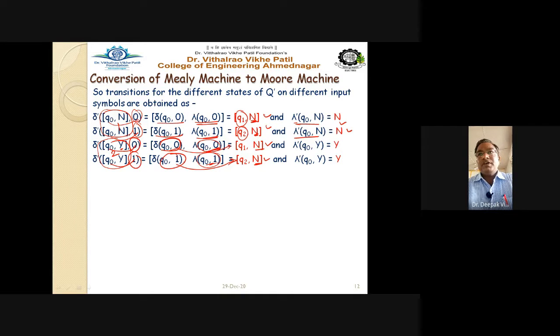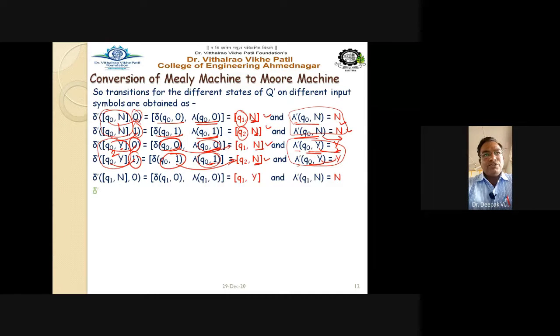Getting this point? And output lambda dash for Q0Y state is Y, because you are taking this Y value here and this N value here. So this is the second state and this is the first state. Okay, so next transitions are for the third state Q1N, Q1N on 0 and Q1N on 1. So state number 3 on 0 input and 1 input.